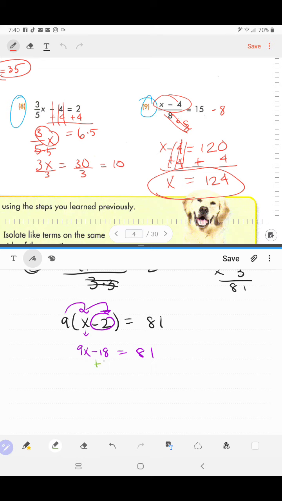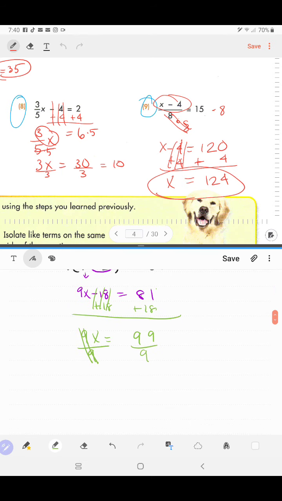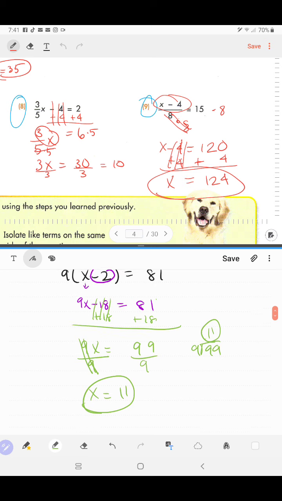So opposite sign to eliminate. 9x equals 8 plus 1 is 9. Divide by 9. x equals 99 divided by 9 is 11.